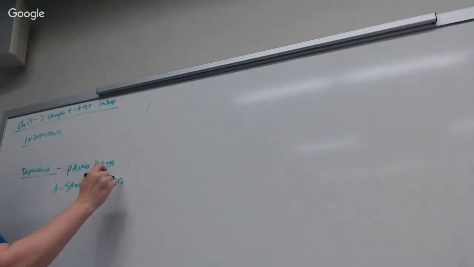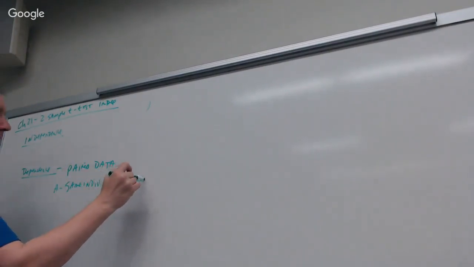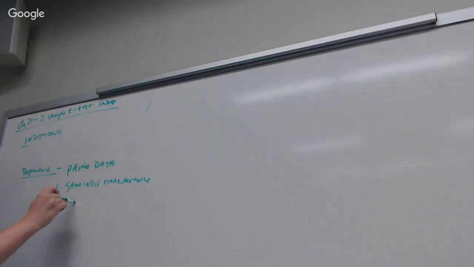Now, typically, dependence deals with paired data. So it could be the same individual measured twice. It could be like twin studies.